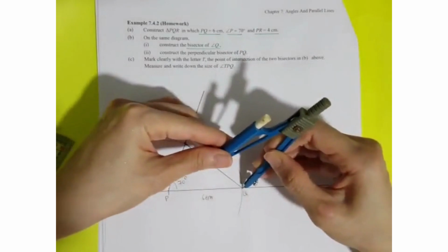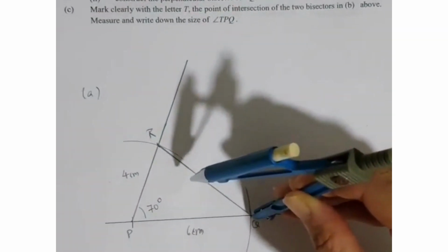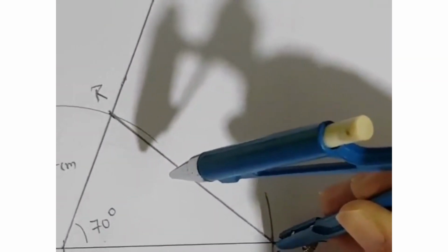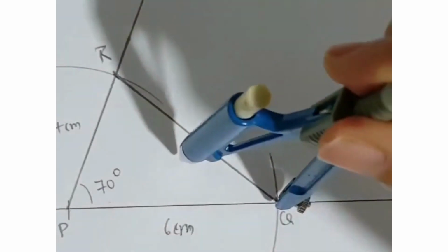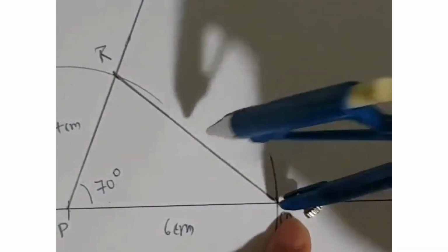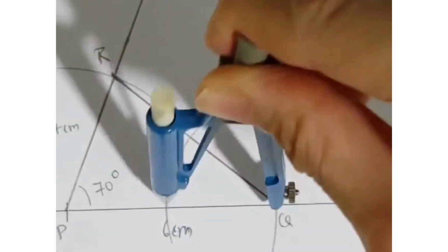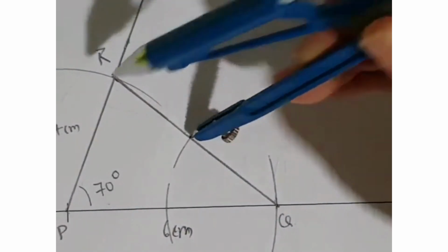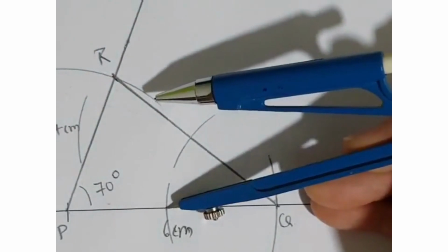Compass is here. Remember how to draw an angle bisector? Let's enlarge. You make an arc on both lines, on RQ and PQ. Make an arc on both sides. Where it cuts the sides, you make another arc over here, and another arc over here.